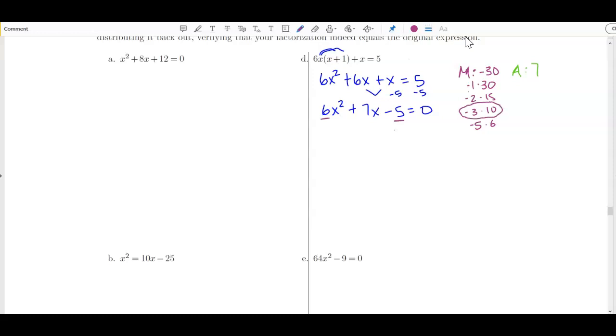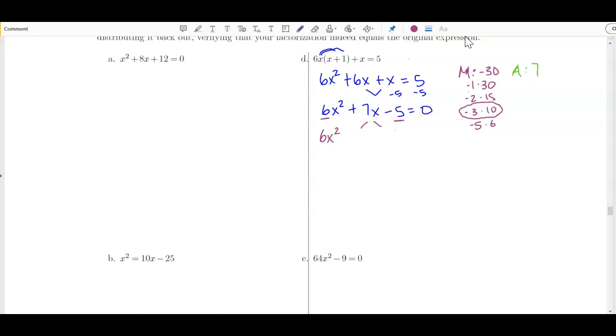Notice how I just worked through things in an organized manner to help me figure out which factors I want. So if I do negative 3 times 10, that gives me negative 30. If I do negative 3 plus 10, I get 7. So those are what I want. If I make it into a 4-term polynomial, that 6x squared is going to stay the same.